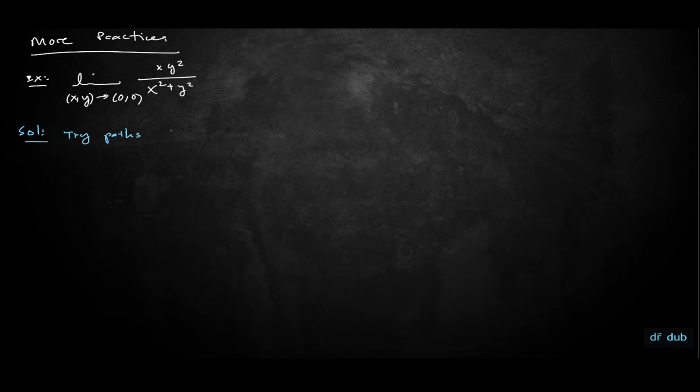So we'll try x equals 0. Get the limit as (x, y) goes to (0, 0), get 0 over 0 plus y squared, which is 0. Then we try the path y equals 0, get 0 over x squared plus 0, which is 0.